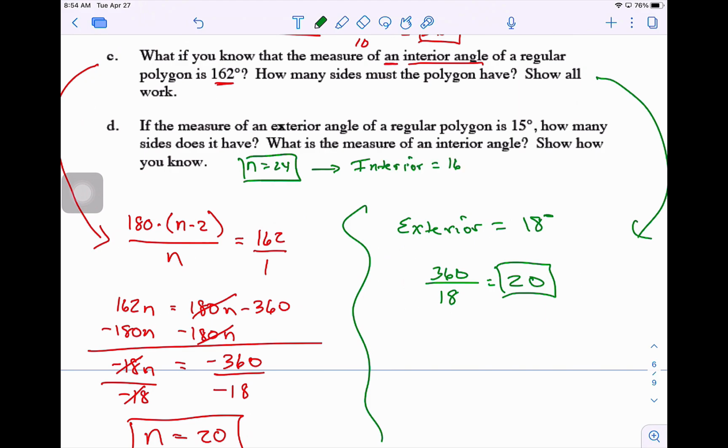And there's your two answers for that part, in this case using the exterior angle. If you have a regular polygon, it's almost always easier to use the exterior angle to find stuff than it is to use the interior angle. Okay, so just a heads up on that.